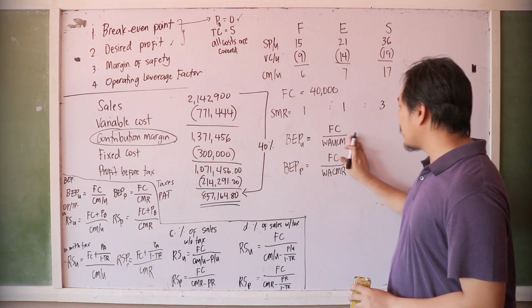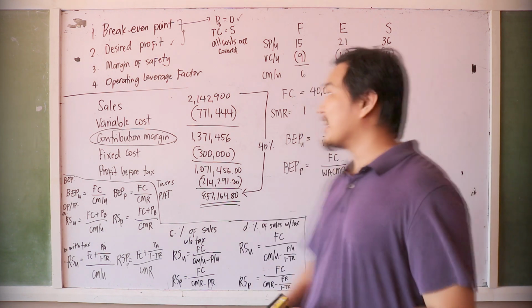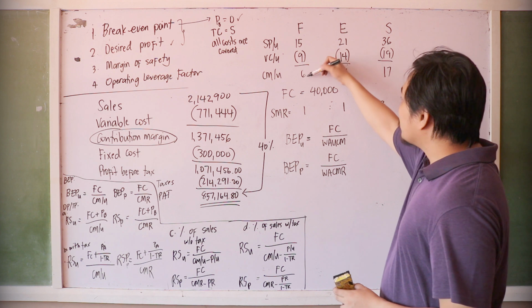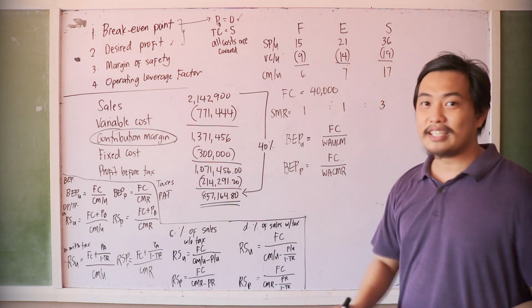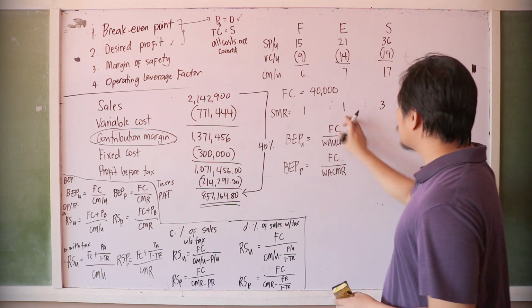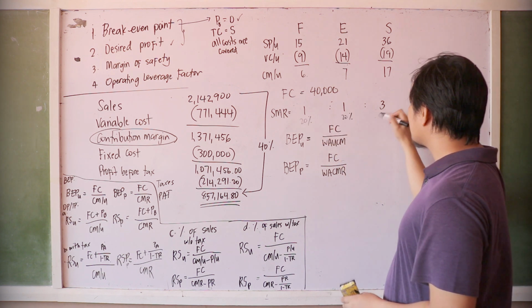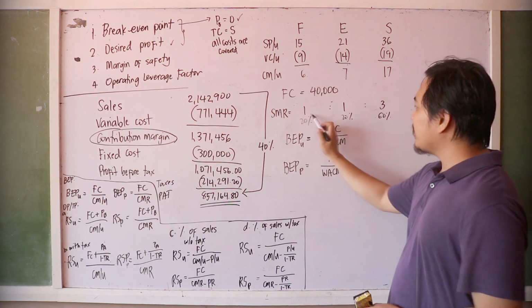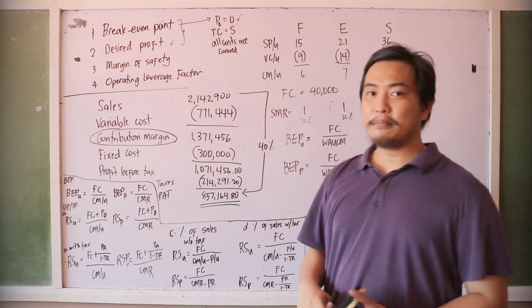Paano natin makukuha itong weighted average unit contribution margin natin? So, kukunin natin yung contribution margin per unit, multiply lang natin dun sa sales ratio. So, ito, 1:1:3, that's equivalent to 20%, 20%, 60%. So, i-multiply natin ito, sales mix ratio doon sa contribution margin per unit.